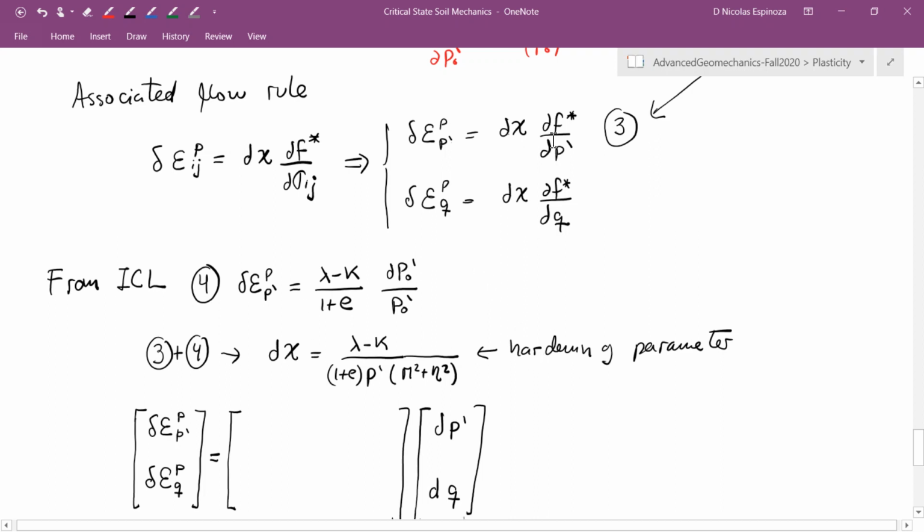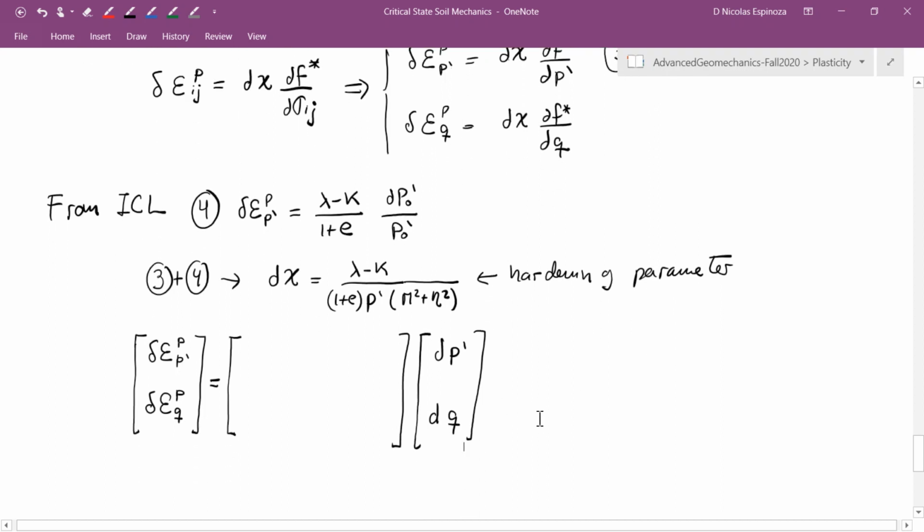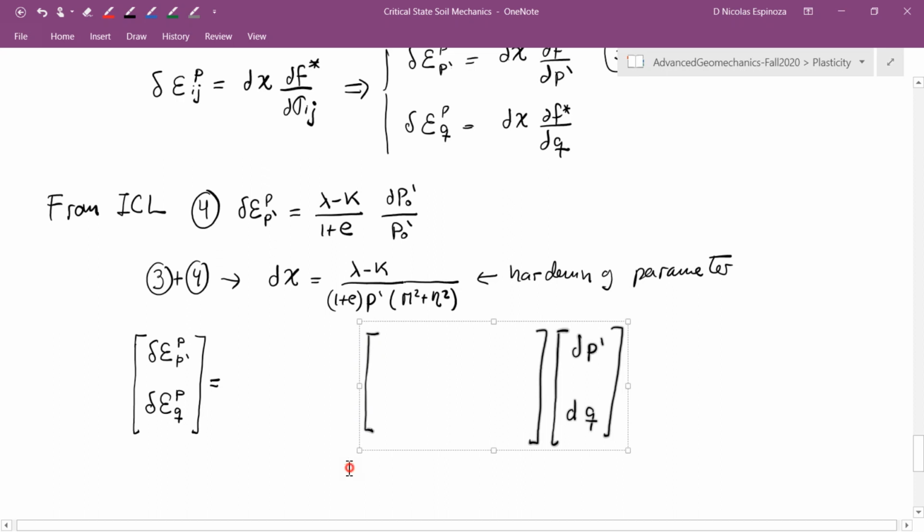When you go ahead and do the math, you're going to find that the plastic strain in the volumetric part is going to be proportional to a coefficient that depends on lambda minus kappa, which is the one we see over there, 1 plus e, p prime, and m squared and eta squared. I missed a coefficient here, but I think that should be enough.